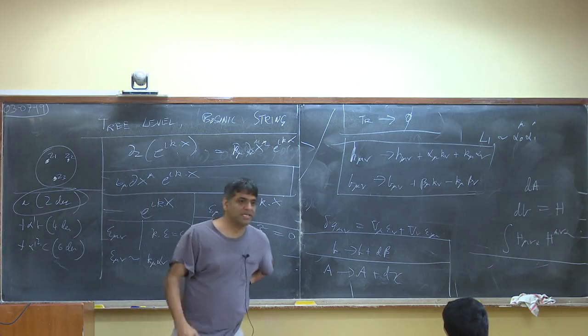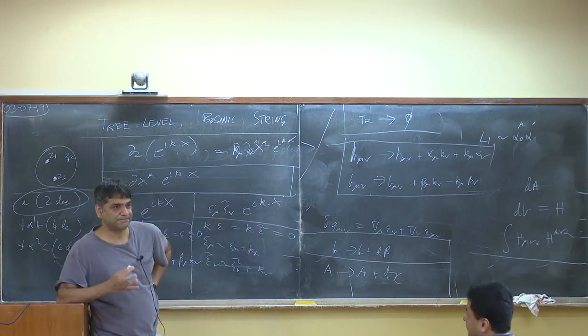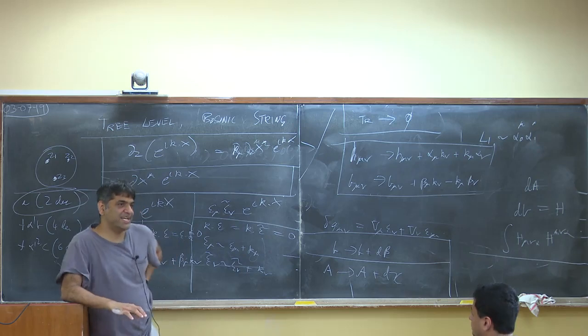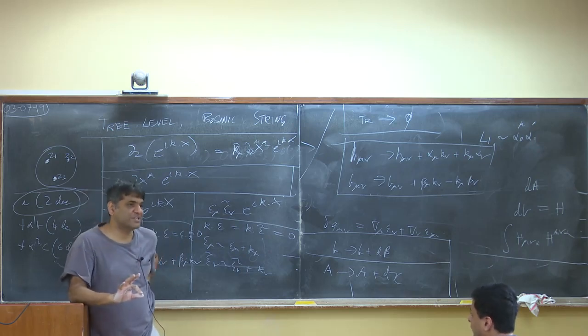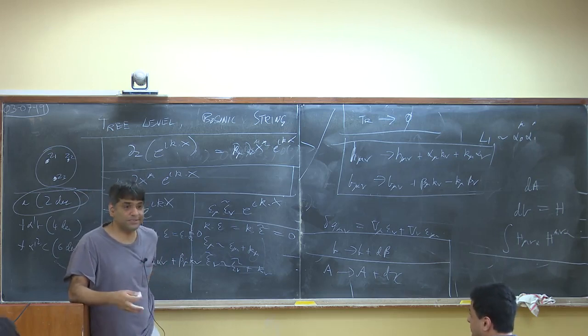You see, the theorem that you quoted, Upmanyu, is saying that if you have an action that comes from a local Lagrangian, that kind of thing. But in string theory, there's no obvious local Lagrangian.